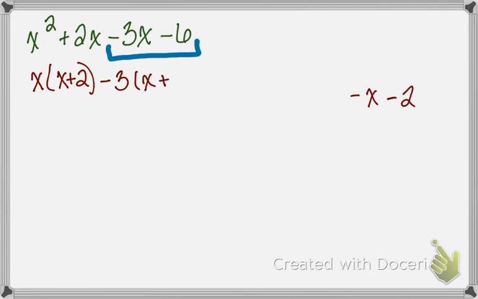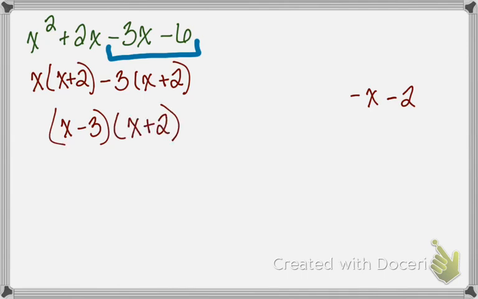Negative 3 times positive 2 gives me negative 6. So if you miss that negative 3, put a star there because that is something that we want to be on the lookout for. Okay, and then my final answer is x minus 3 times x plus 2.